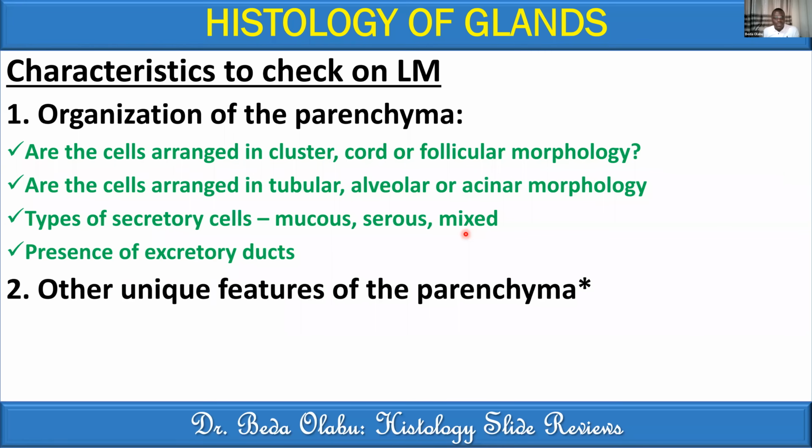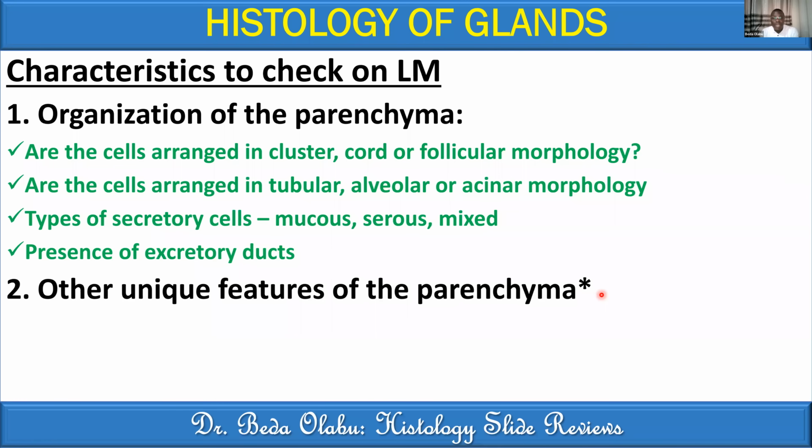Once you've talked about those standard things, it is also important to look at some other unique features of the parenchyma of a particular gland that you're talking about. Now, this may not be easy to generalize because there'll be some unique features about perhaps each endocrine gland that stand out.